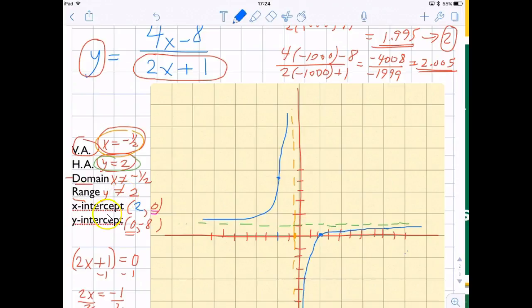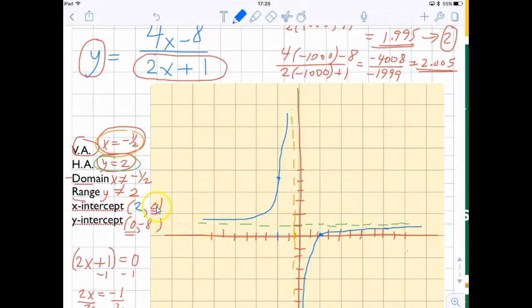What about x-intercept? X-intercept is the coordinate pair on the graph where the y coordinate is 0. And the y-intercept is the coordinate pair where the x coordinate is 0. Okay, so how do you find the y-intercept? You take x equals 0, you put it in the equation, see what you get out for y. We get negative 8. How do you find the x-intercept?